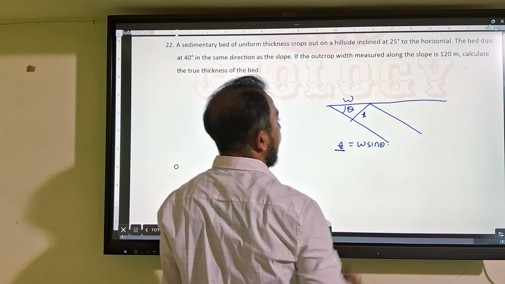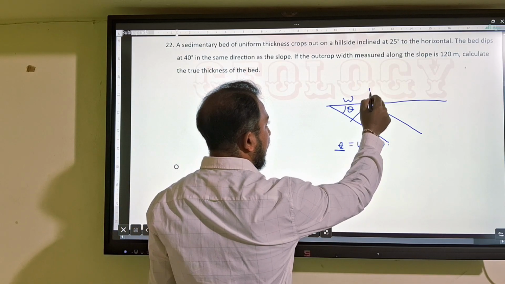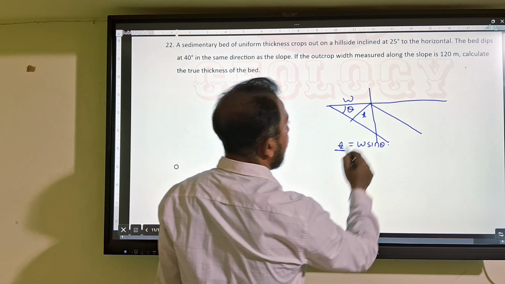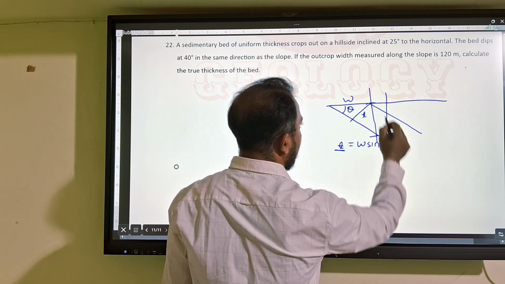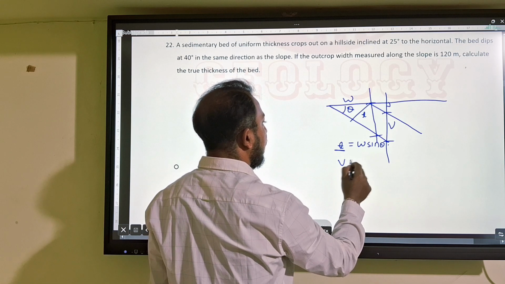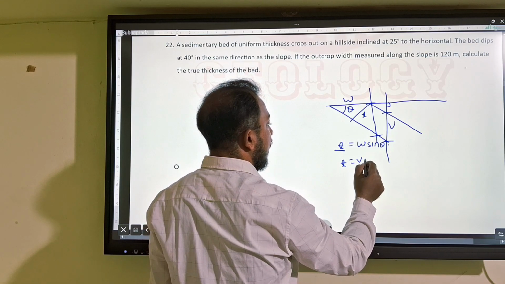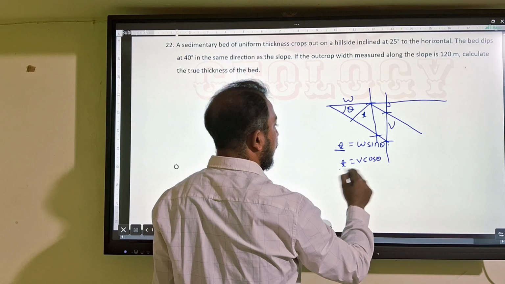So true thickness can be calculated by W sine theta. Any thickness that is measured perpendicular from the surface is called vertical thickness. Vertical thickness V is related to the true thickness like this: T equal to V cos theta.